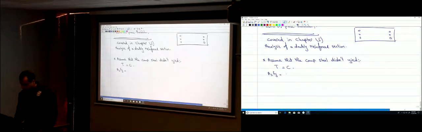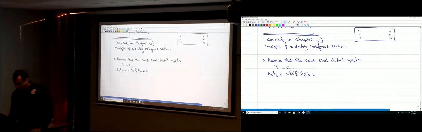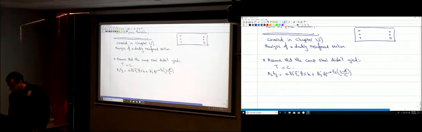The compression force in the concrete is 0.85 fc prime ab, where a is beta 1 c, multiplied by b, the width of the section, plus the compression force in the compression steel, which is area steel prime, fs prime. I can replace fs prime by Es, the modulus of elasticity of steel, multiplied by c minus d prime divided by c multiplied by 0.003.